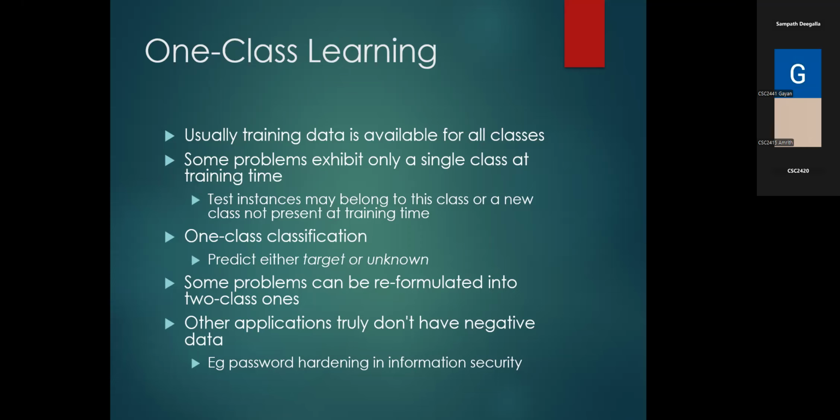For example, if we have good passwords and bad passwords, ideally we should be able to build a model which separates good passwords from bad passwords. But what I'm saying here is it's really, really difficult to find the label for the two classes, right?